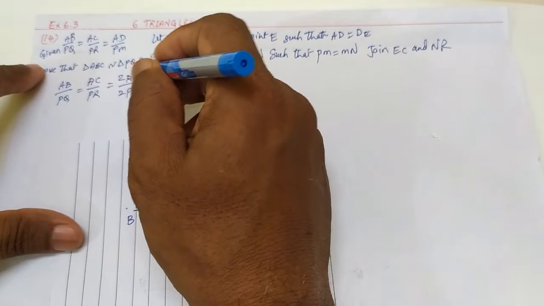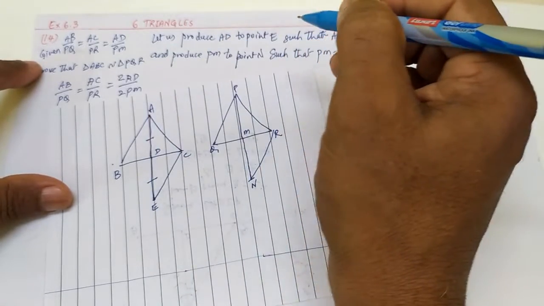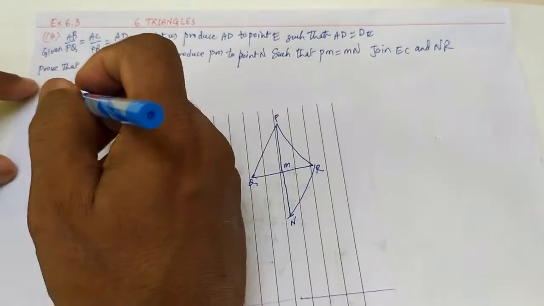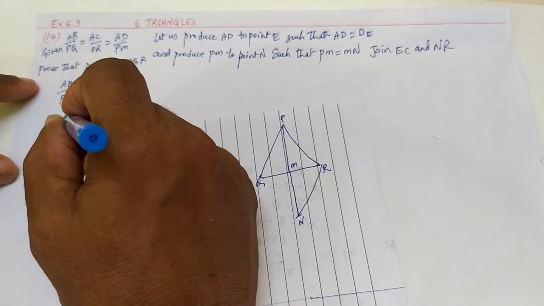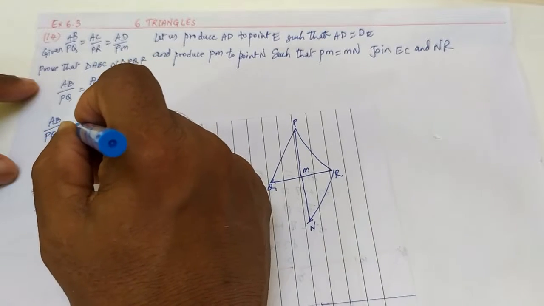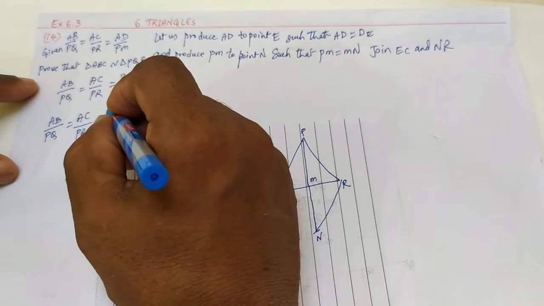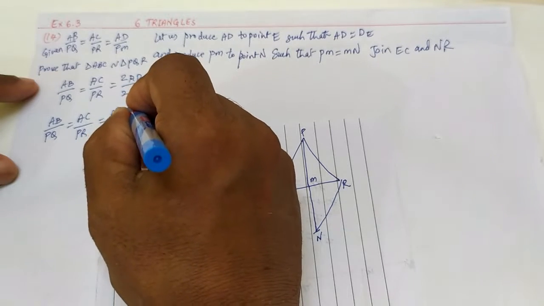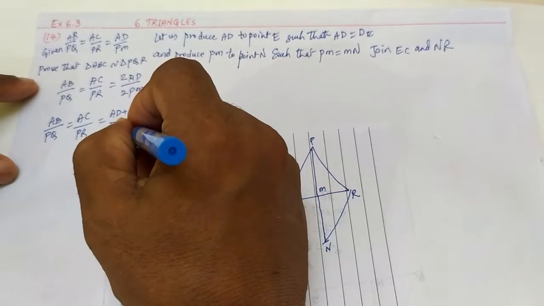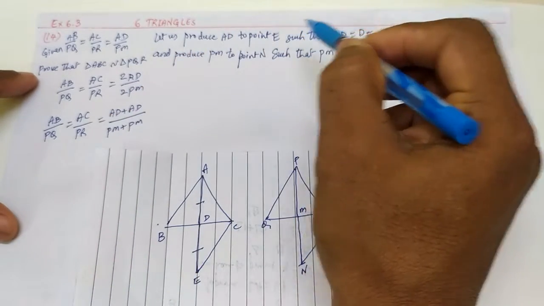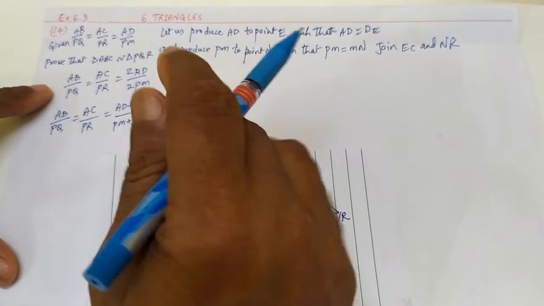So 2 times AD means AD and AD, because DE also is equal. So we write AB upon PQ is AC upon PR, and this is equal to AD plus AD over PM plus PM.